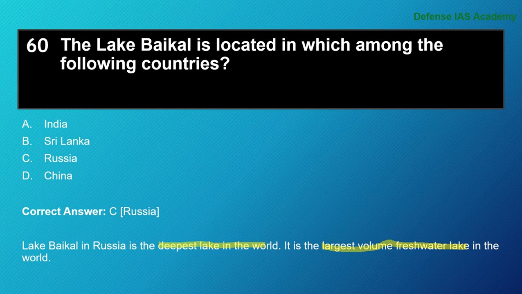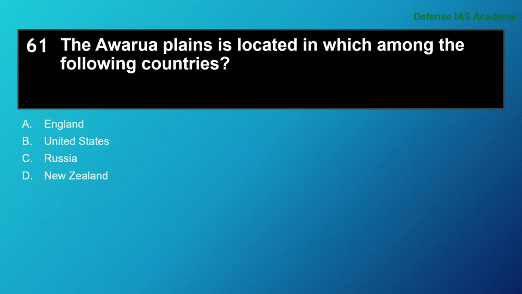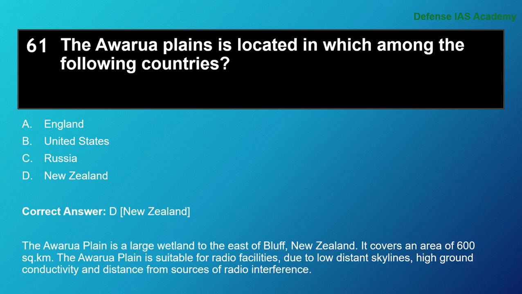In the earlier question we saw the largest freshwater lake in terms of surface area, which is Lake Superior. Now, in terms of volume, it is Lake Baikal, and it is in Russia, and it is the deepest lake in the world. So, the deepest and largest volume, it makes sense. Please correlate that while studying about it.